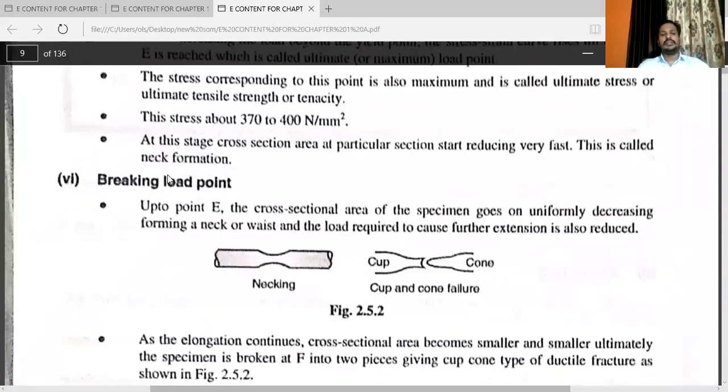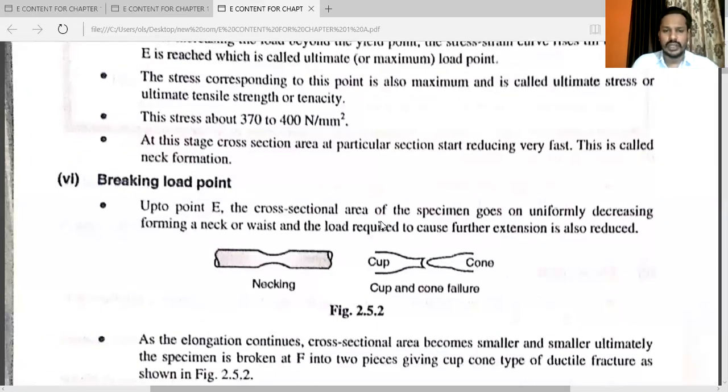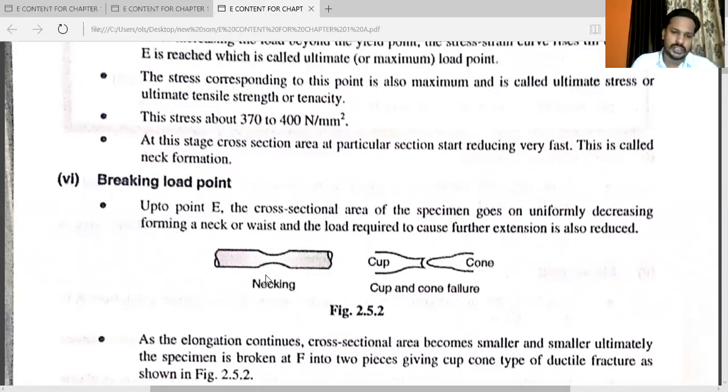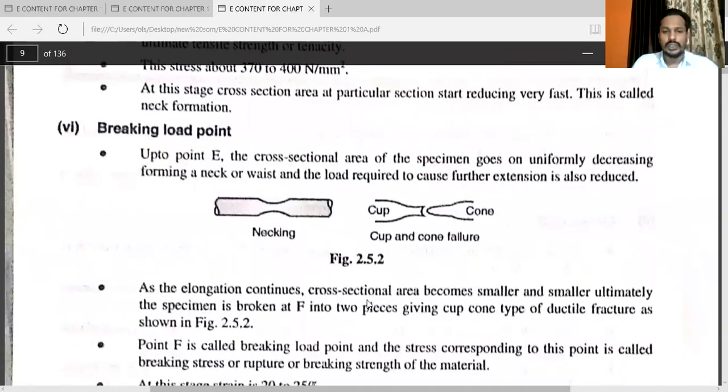After that, there is the breaking load point. Up to point E, the cross-sectional area of the specimen goes on decreasing uniformly, forming a neck, and the load required to cause further extension is also reduced. You can see this is the necking in the diagram, and this is the cup and cone failure. This is the cup and this one is a cone. As the elongation continues, the cross-sectional area becomes smaller and smaller.